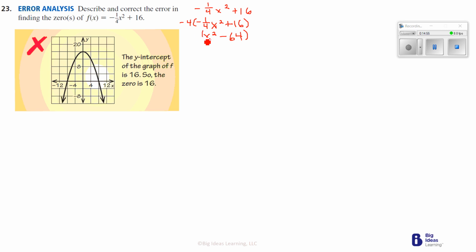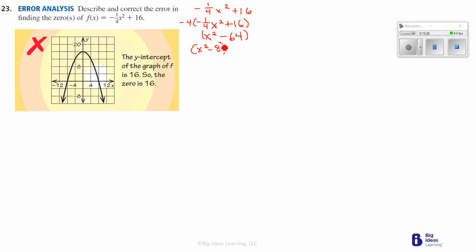Now we're down to that rule again. Well, we know that if I see a negative and I see a square root, I can say this is x squared minus, or actually minus 8. Sorry about that. Okay, and then let's see here.